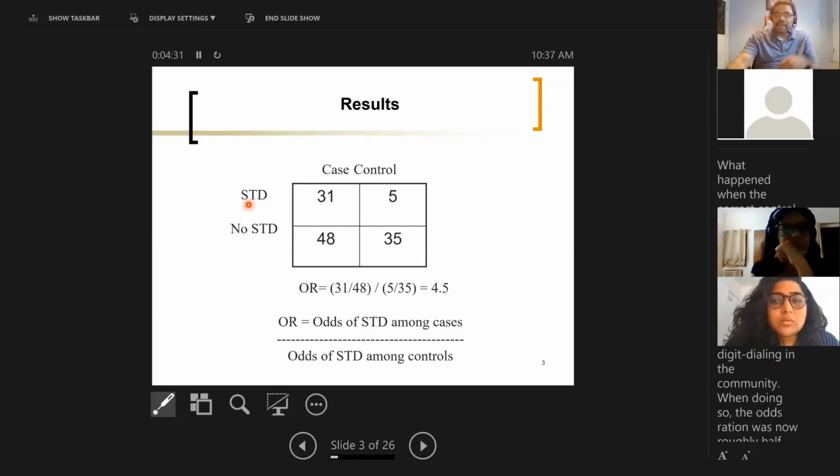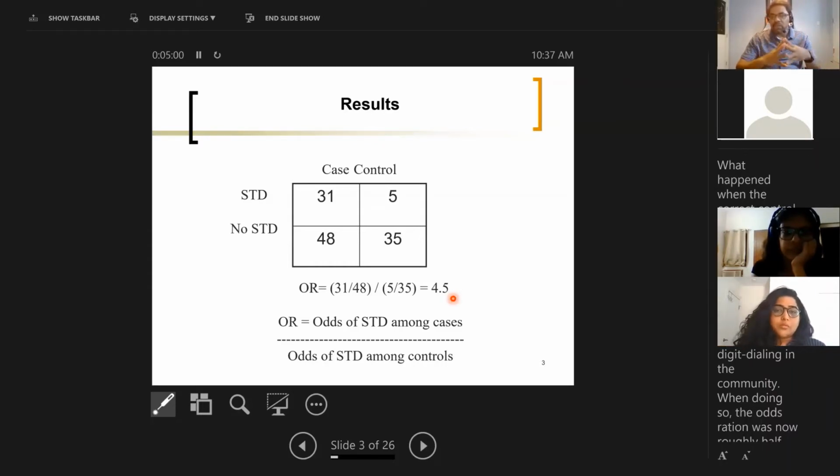You will get the exact same 4.5 if you did a cross product, AD divided by BC. 31 times 35 divided by 5 times 48 will also give you 4.5. Okay? Because it's a cross product, it's symmetric. It doesn't care in which direction you do it. So that AD over BC, also called a cross product, basically summarizes the association between COVID and smell and taste disorder.